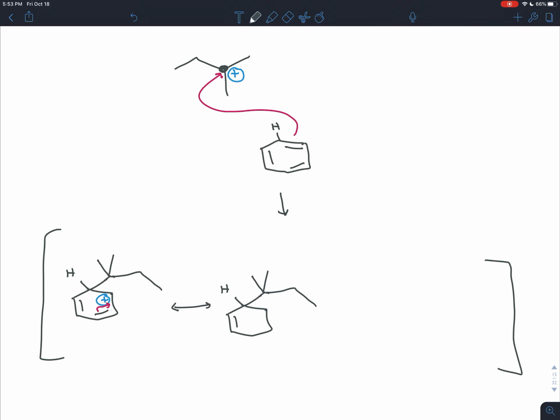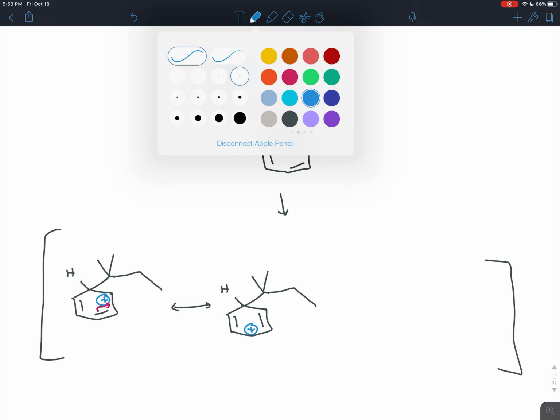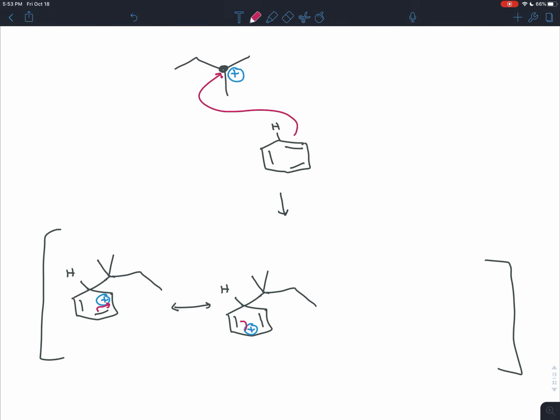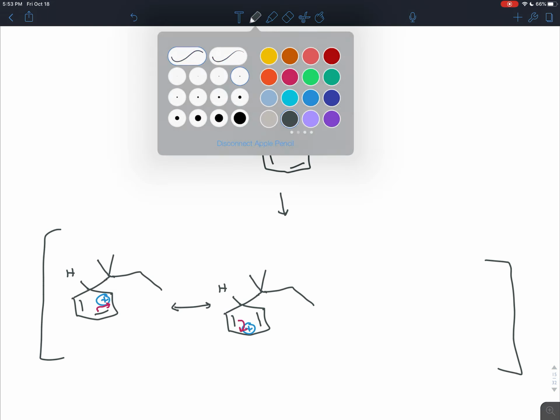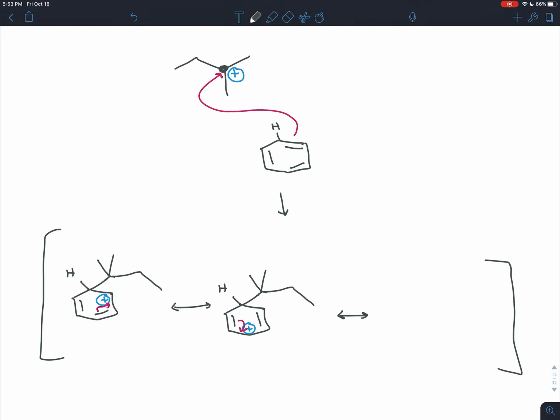So here that pi bond moves over. You get a new positive charge at the bottom. That's allylic to your other pi bond. So that other pi bond moves over. Between each of the resonance structures, you have this double-headed arrow.